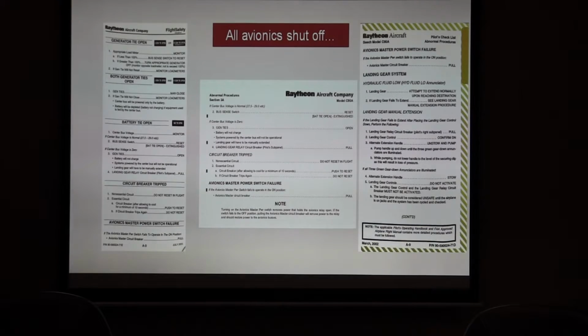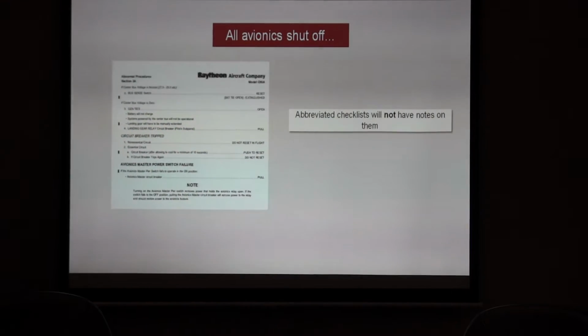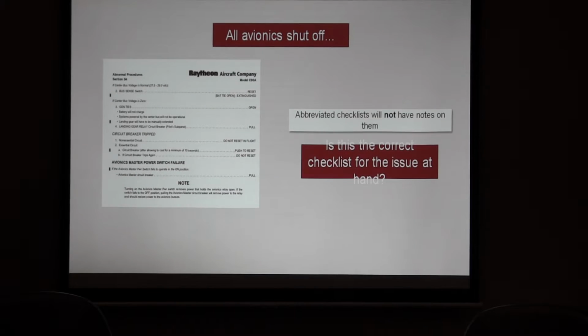So it said though, if switching it to off somewhere within that node. Right? But nowhere does it say turn the switch off. So this is where things get really interesting. I'm wondering, without notes, is this even the correct checklist for the issue at hand? From a troubleshooting standpoint, maybe, it might be the master.